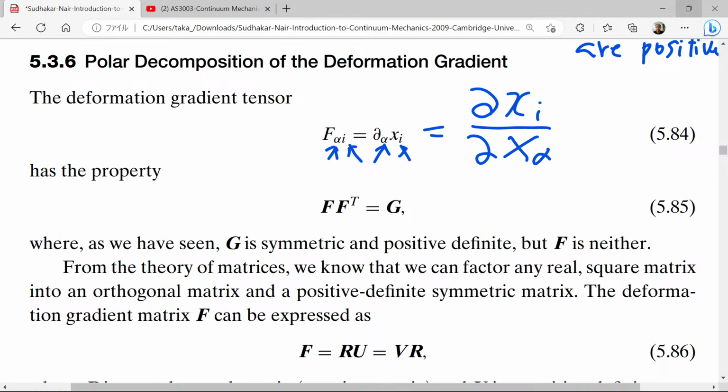This is the deformation gradient tensor. Okay, it has the property F F transpose equals G, where we have seen G is symmetric and positive definite, but F is neither. F is neither.